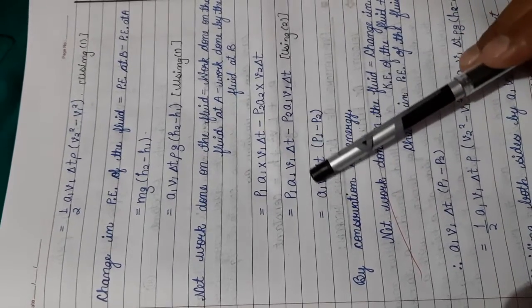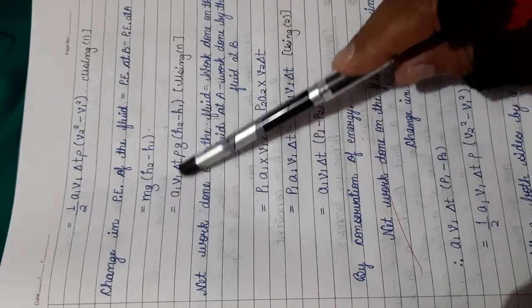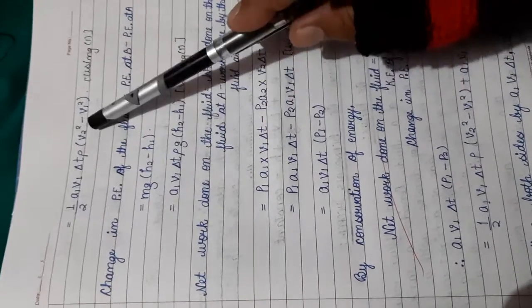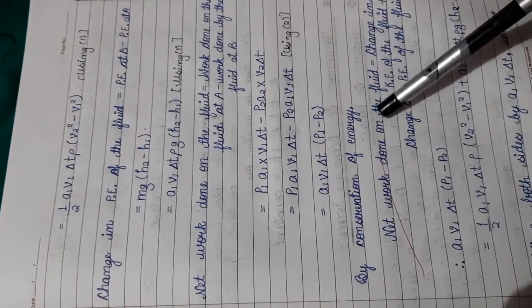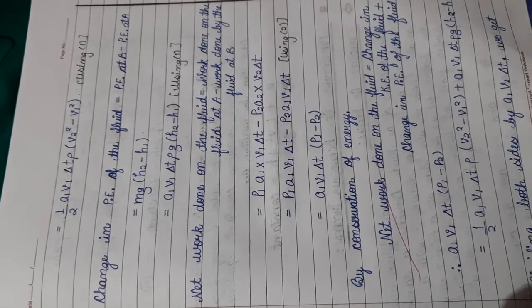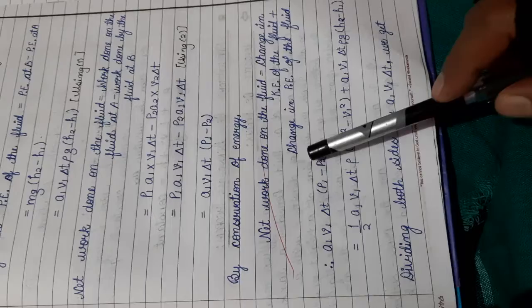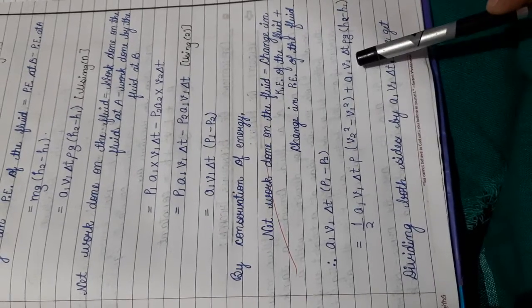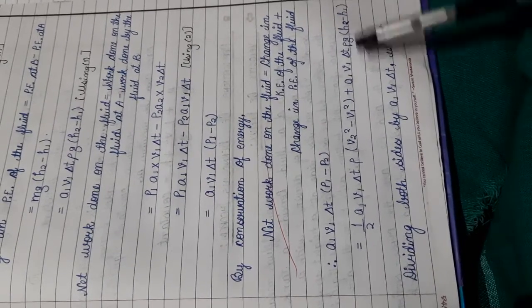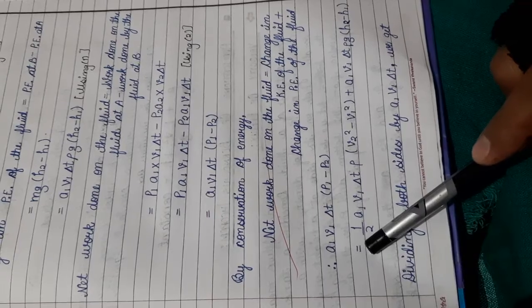So whatever work I am doing must be equal to the change in potential and kinetic energy. Substituting all these values here, this is work done, this is change in kinetic energy and this is change in potential energy, that must be equal.